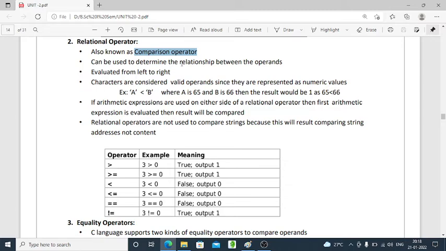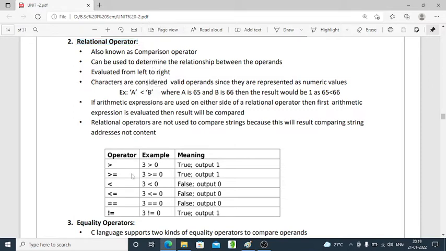Relational operators are also known as comparison operators. These operators are used to determine the relation between operands. Operands are nothing but data, values. With the help of relational operators, we are finding the relationship between two values, right?